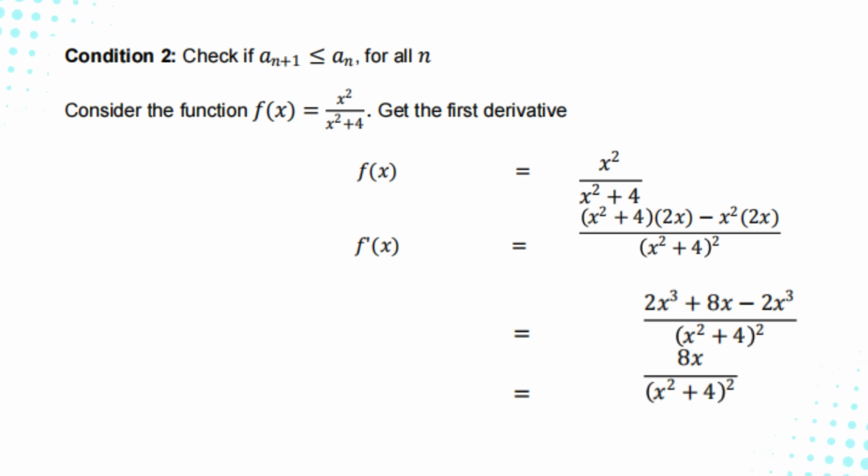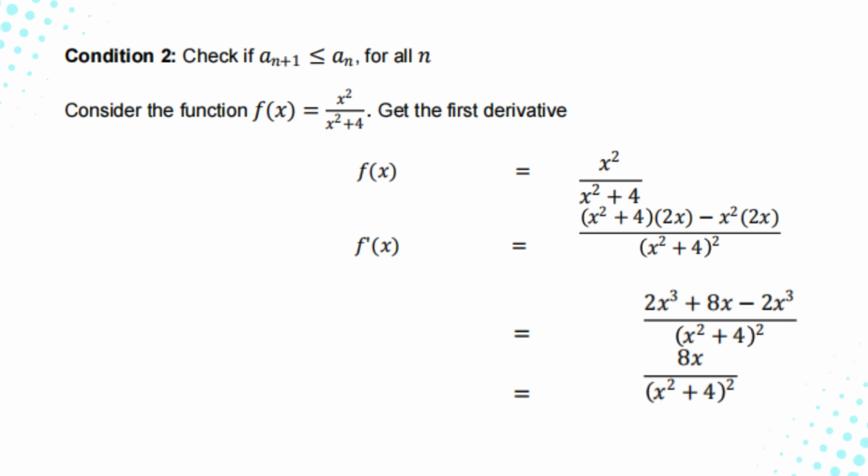So consider the function f of x is equal to x squared over x squared plus 4. So we need to get the first derivative. Applying the quotient rule, we have f prime of x is equal to the quantity x squared plus 4 times 2x minus x squared times 2x, over the quantity x squared plus 4 squared.